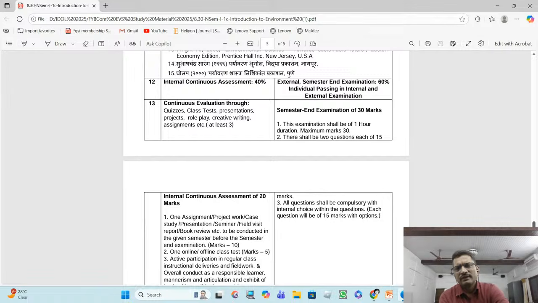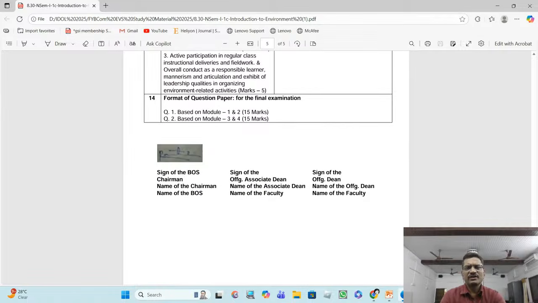But the semester-end examination carries a weightage of 30 marks, wherein there shall be two questions of 15 marks each with internal options, and the whole syllabus will be covered within that. So, this is a brief introduction to the syllabus. If we talk about the question paper pattern, there are only two questions.